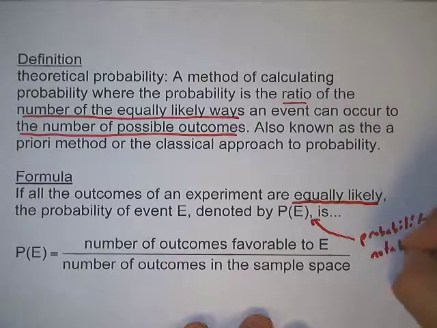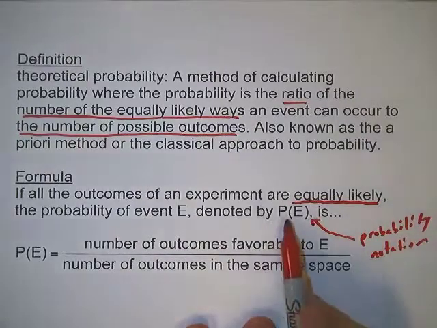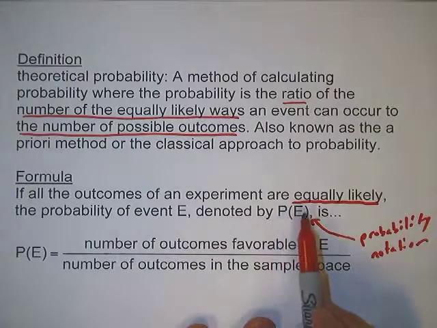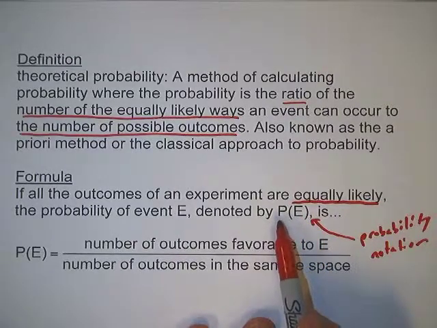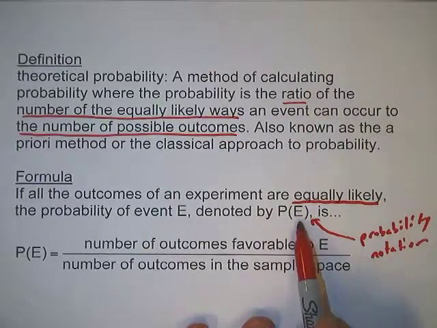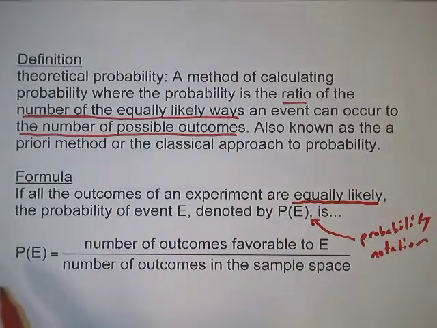With probability notation, the capital P stands for probability, and what's in the parentheses is the event you're trying to take the probability of. This is always read as P of E, probability of event E. To calculate the probability of event E, if we're dealing with theoretical probability, it's the number of outcomes favorable to E divided by the number of outcomes in the sample space, so all of the possible outcomes there.